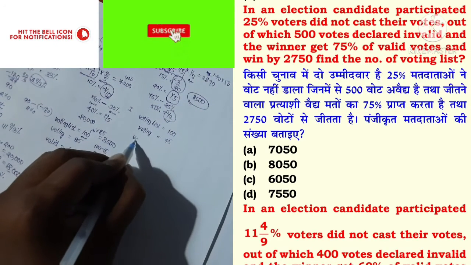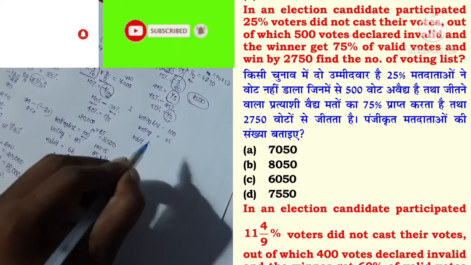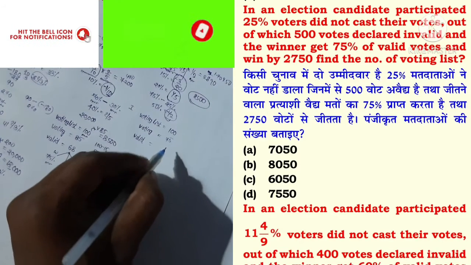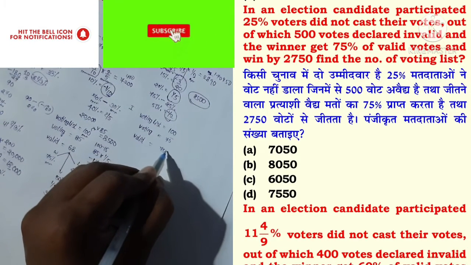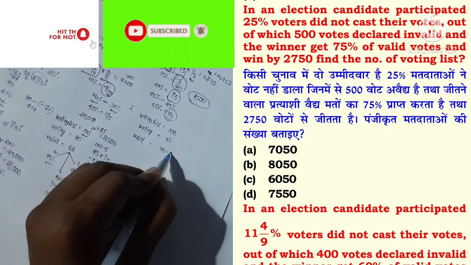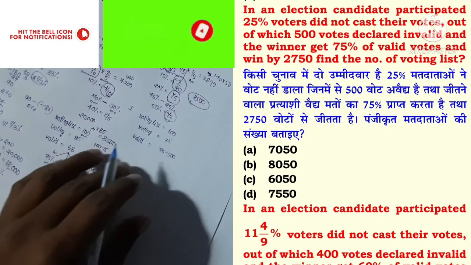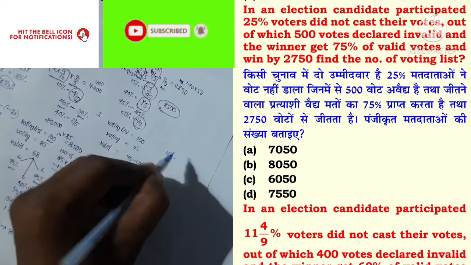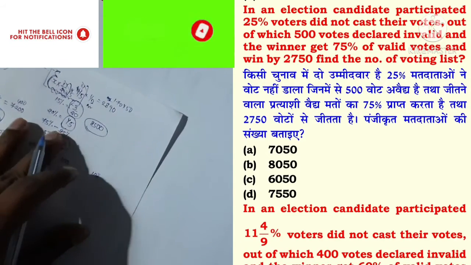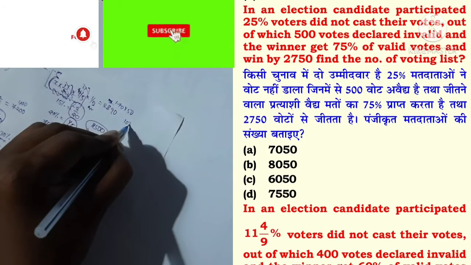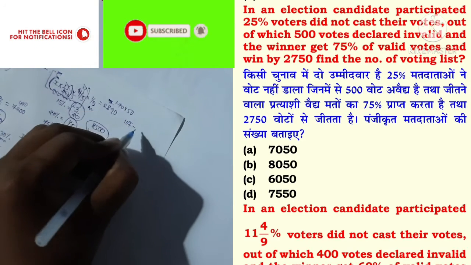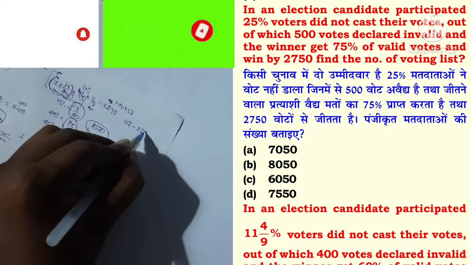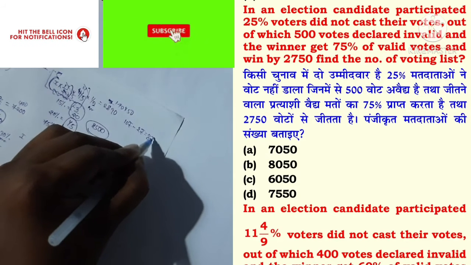So valid votes is 75 minus 500. Okay, so what is the difference of 10 rupees minus 2 rupees? The difference is 8 rupees.